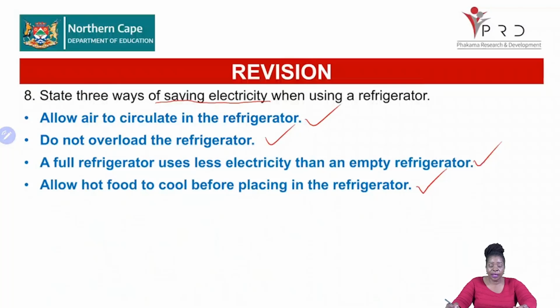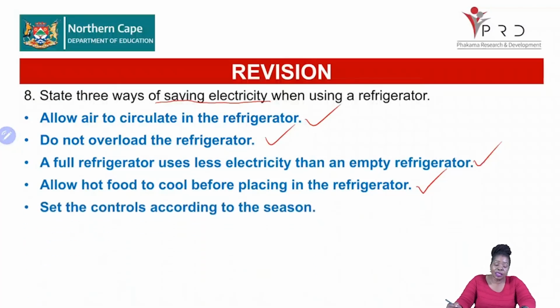If you put it in while it's hot, the refrigerator will use more energy to cool down the food that is hot, or the hot food will disrupt the temperature in the refrigerator. Thereby, the refrigerator will use more energy so that it gets back to its original temperature.